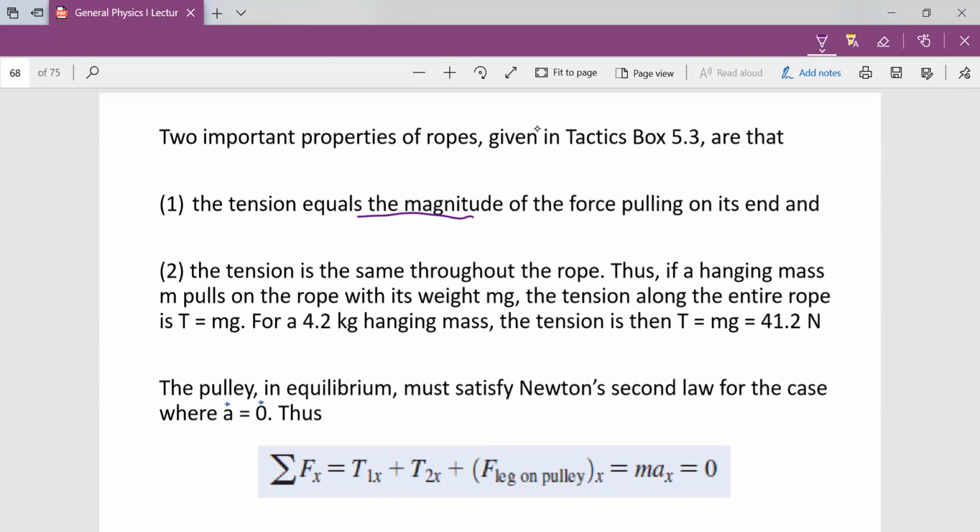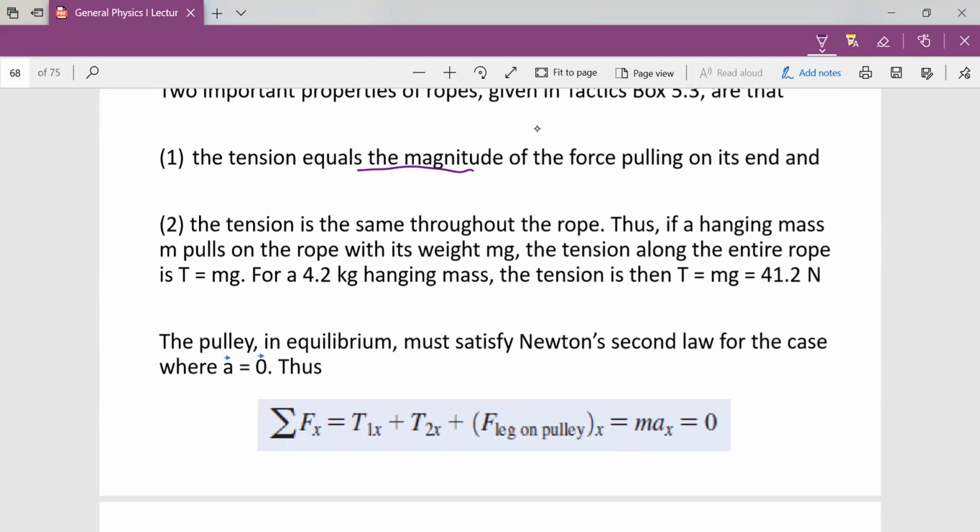So the second point we would like to keep to guide our approach as well is that the tension is the same throughout the rope. Why? Because the rope is passing through a massless, frictionless pulley, okay? And since we have the information that the mass hanging on the rope is 4.2 kg, we can actually look for the force T, the tension force, using this equation, okay?